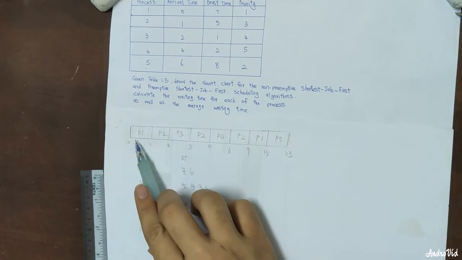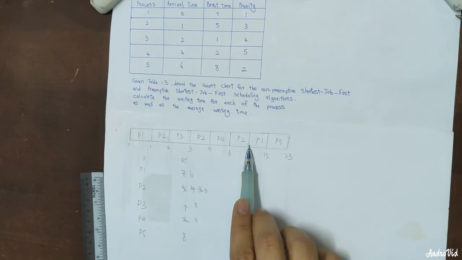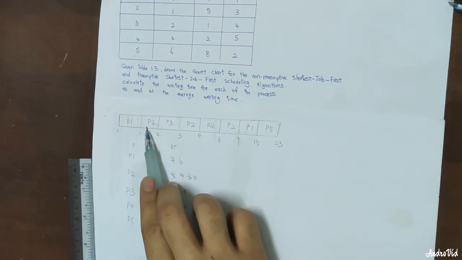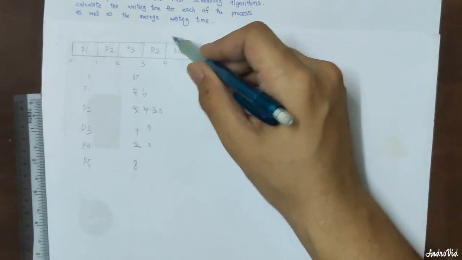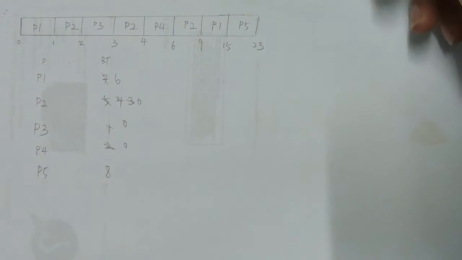How do we calculate the waiting time for each of the processes? The formula is the difference between the beginning of the process and the arrival time of the process.